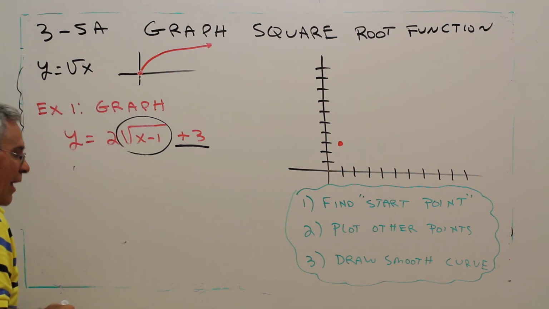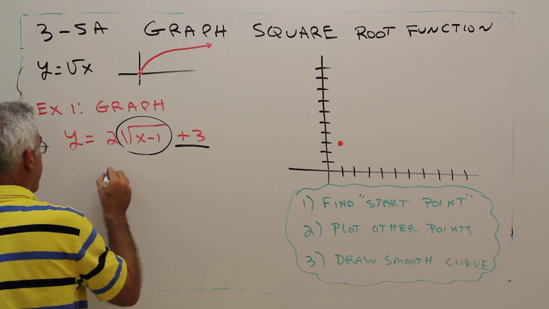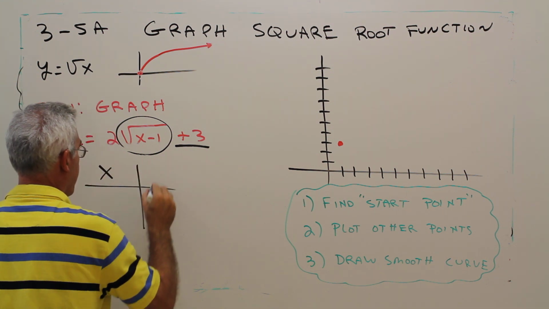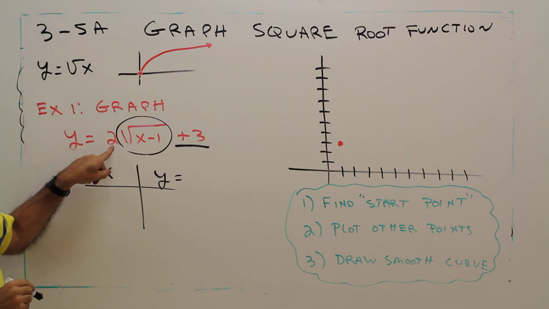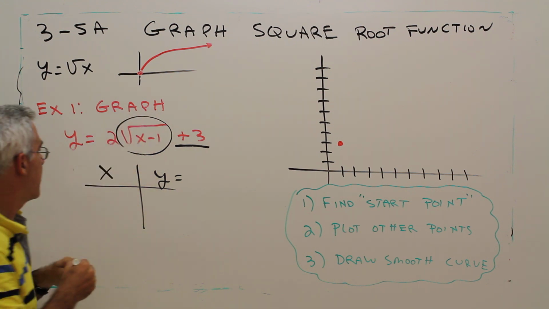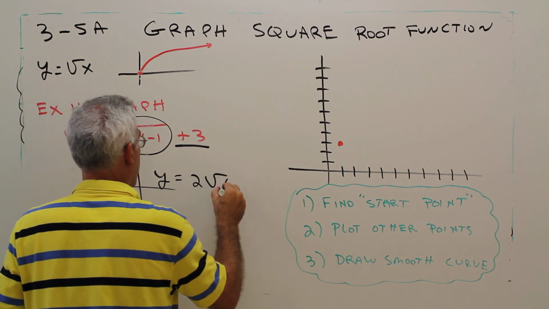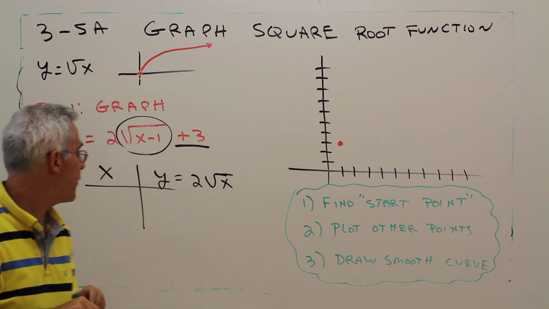And what I'll do is I'll use what I call the shape operator. The shape operator is simply this coefficient times just the square root function. In a sense, this is doubling the y values, if you will.